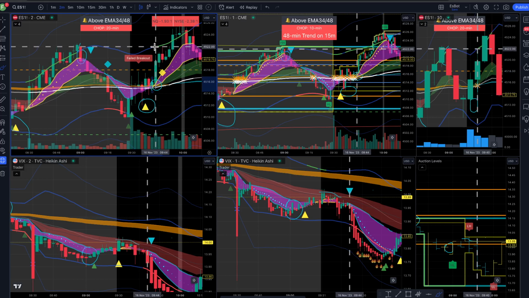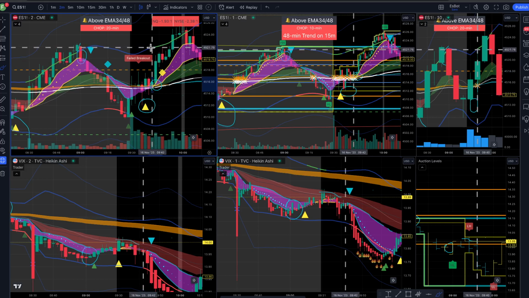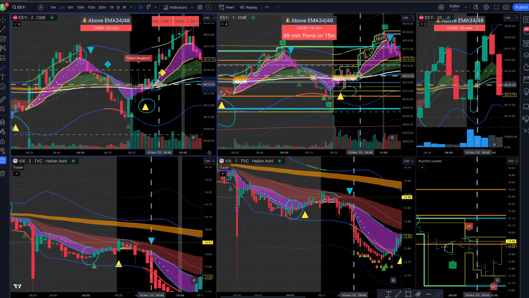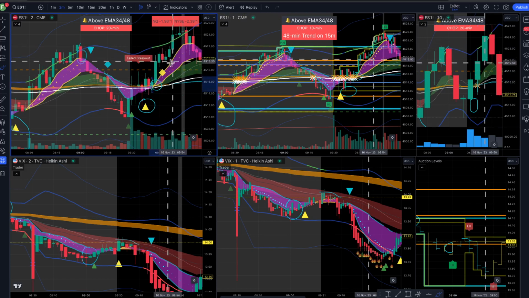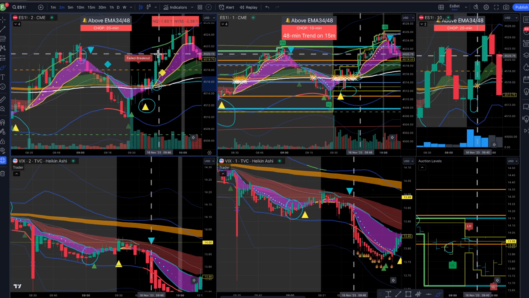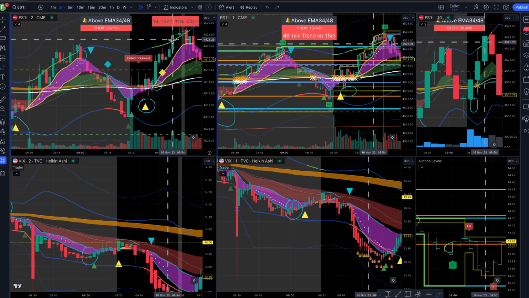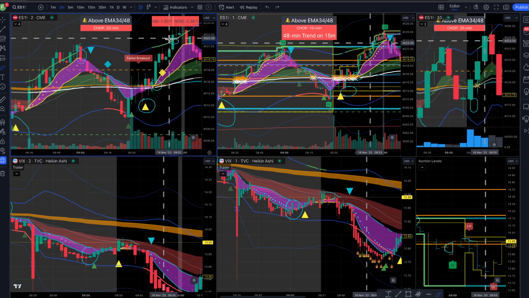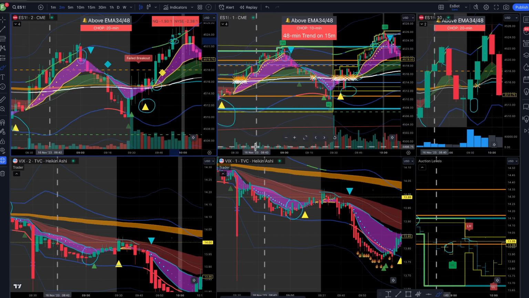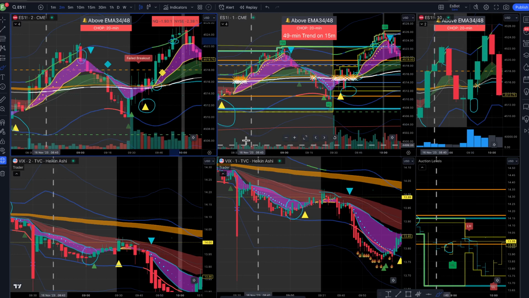Next target is going to be the top band over there, 45.22. Okay, and as long as you stay above the danger zone, you could stay in the trade. But I would definitely recommend taking most of your profits right there, when you get to the upper band.